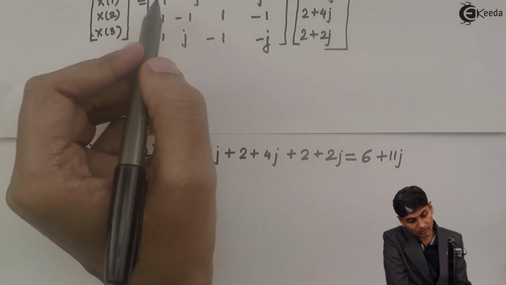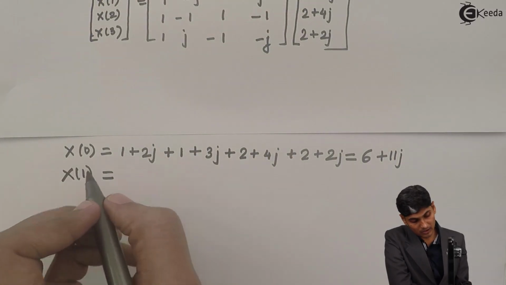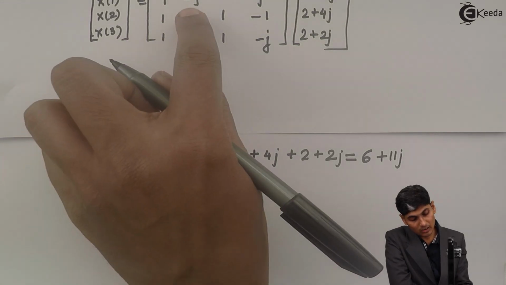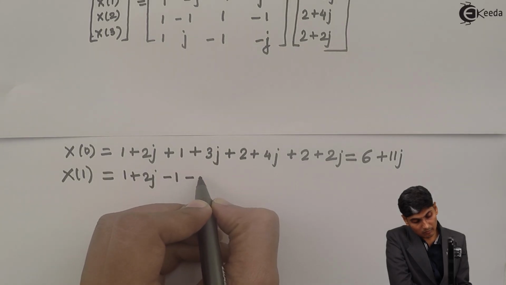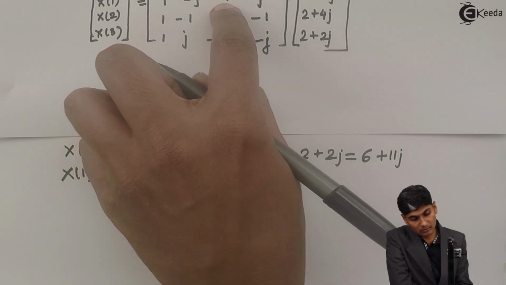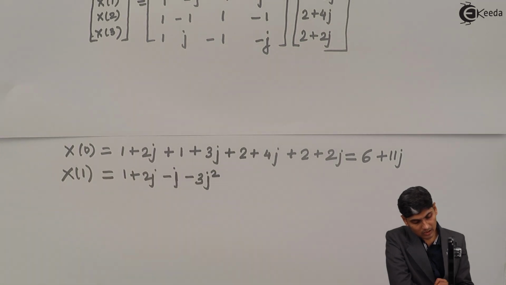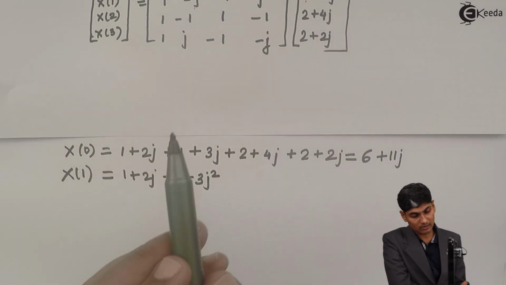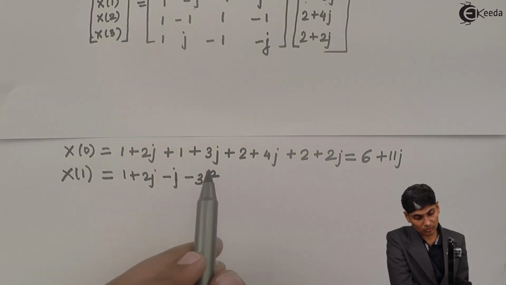Then let us go with X of 1. For X of 1, we'll be multiplying the second row with the given column. So when I multiply 1 with this element, it is 1 plus 2j. When I multiply minus j with the second element, it will be minus j minus 3j square, because I'm multiplying j with 1 gives minus j, and j with 3j will give me minus 3j square.